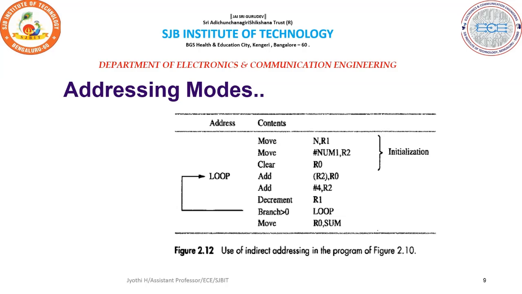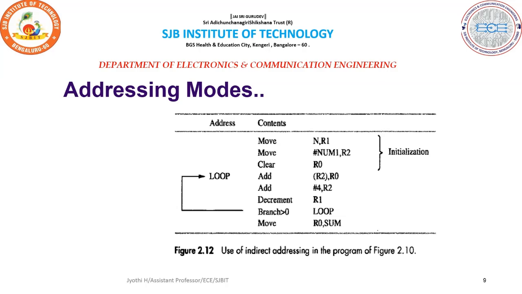Next is the addressing modes using indirect addressing in the program, as shown here. The branch instruction will come here: branch if greater than 0, then follow the loop. This is to add n numbers. Move N, R1; move #NUM1, R2. This is the initialization.